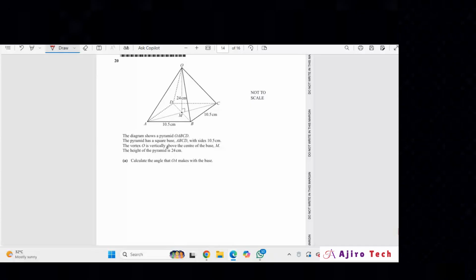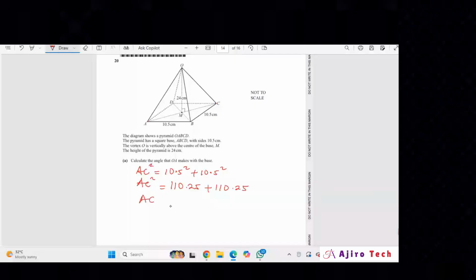Now, first of all, for us to get that angle, let's get AC, from here to here. I think that will be the hypotenuse. So let's get AC first. AC square is going to be 10.5 square plus 10.5 square again. 10.5 square is 110.25, plus 110.25 again because it's a square base.